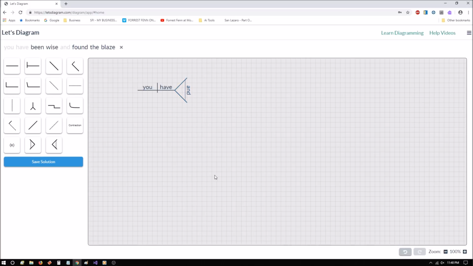Okay, so we have, forget about the word if again, you have been doing something and doing something else. This already sets the past tense up too, because the auxiliary verb have is past tense. We have done something, right?